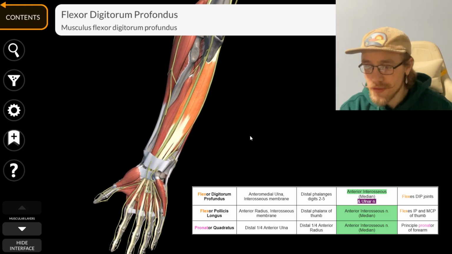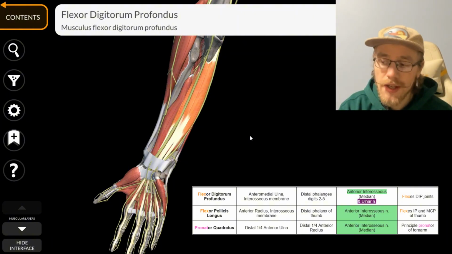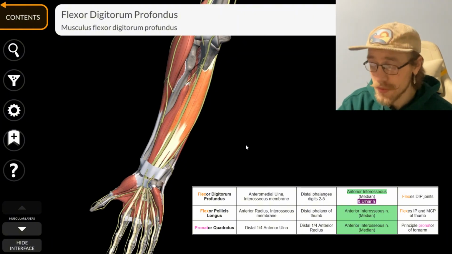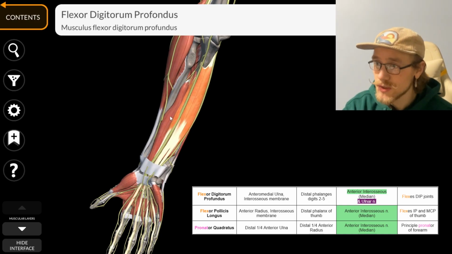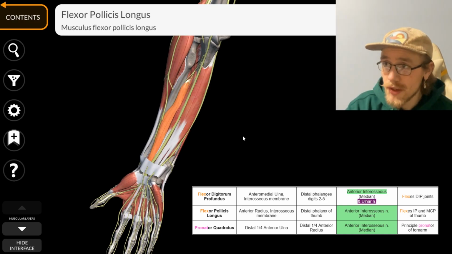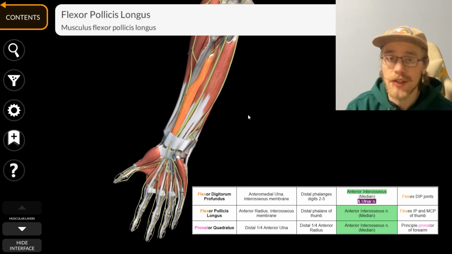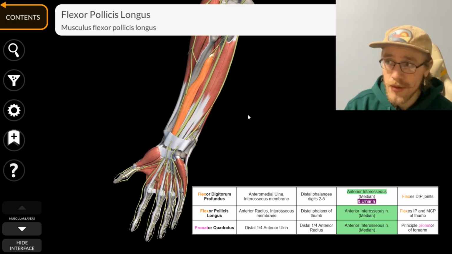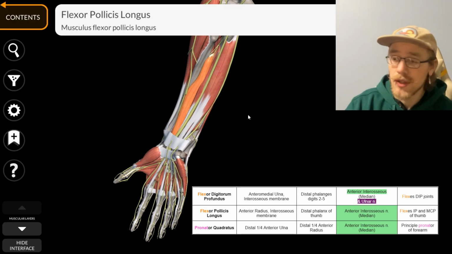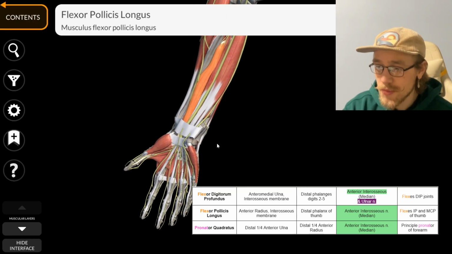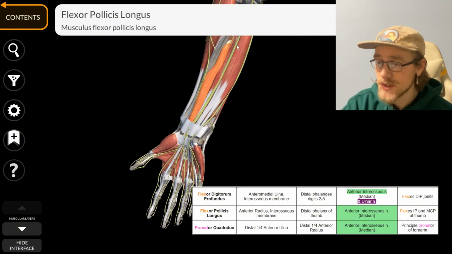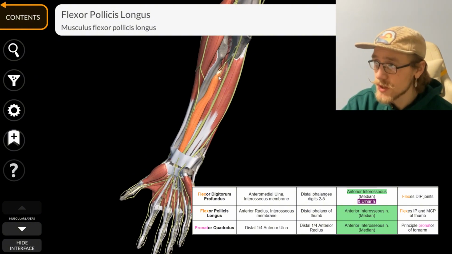We've got an innervation for that as well, and that is going to be the anterior interosseous and the ulnar nerve. So both of those innervate this muscle. Next to that, we have the flexor pollicis longus. Anything pollicis is thumb. Pollicis, thumb. Flexor pollicis longus is going to come from the anterior radius and interosseous membrane right in between those two bones there.